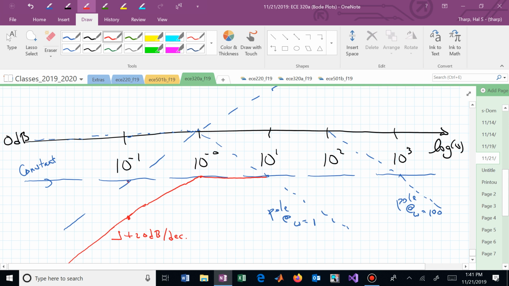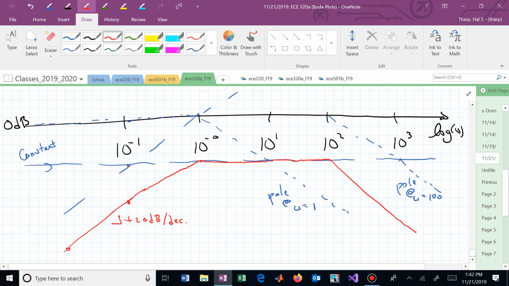Now what do I do at 10? Nothing has happened. Nothing has been introduced. I've already introduced that pole at omega equal to 1. I'm going flat until I get my next break, which happened at 100. And at that point, I now just go 20 dB down. And that's my magnitude plot.